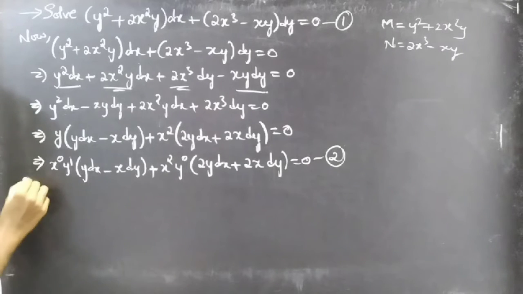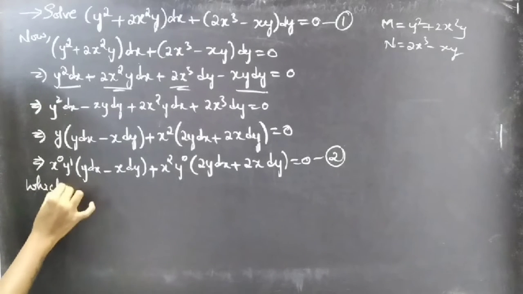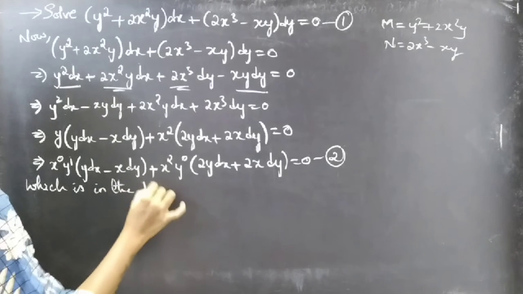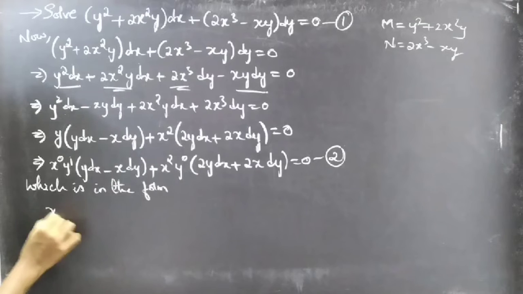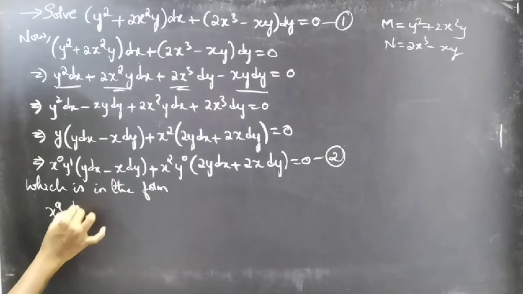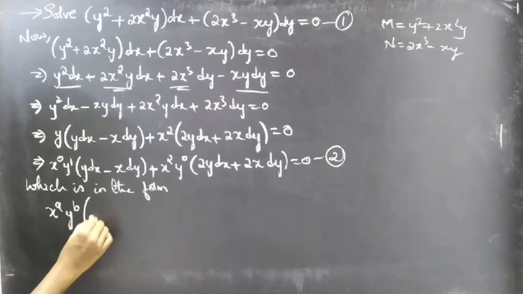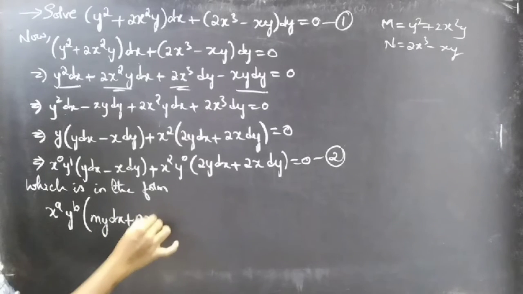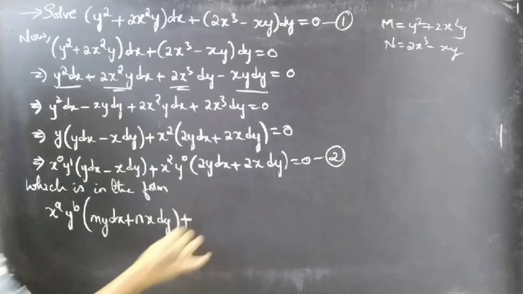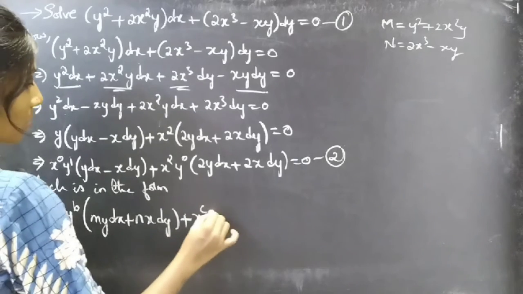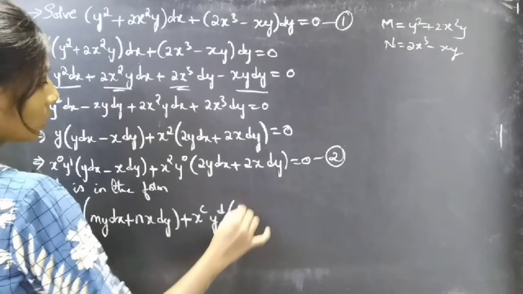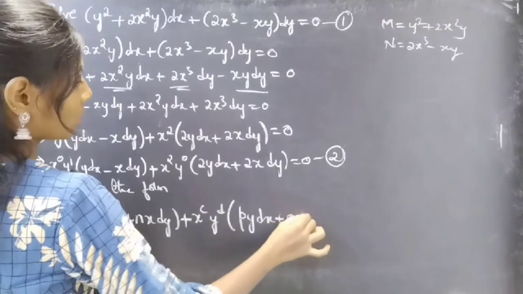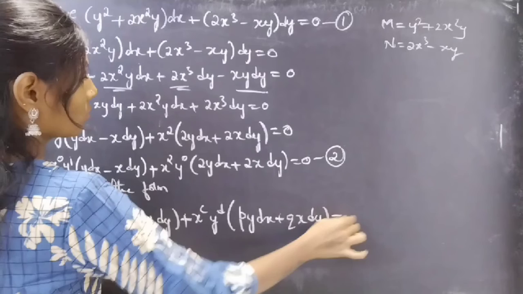which is of the form x power a y power b into (m y dx plus n x dy) plus x power c y power d into (p y dx plus q x dy) equal to 0.